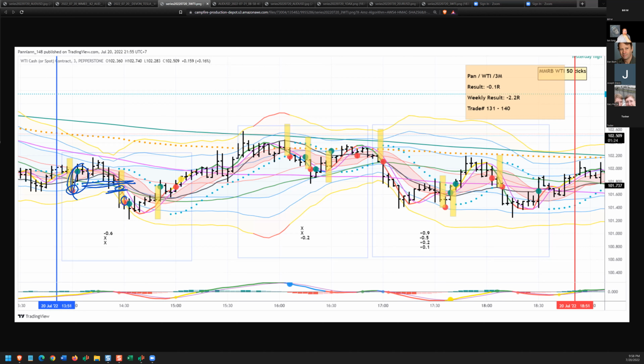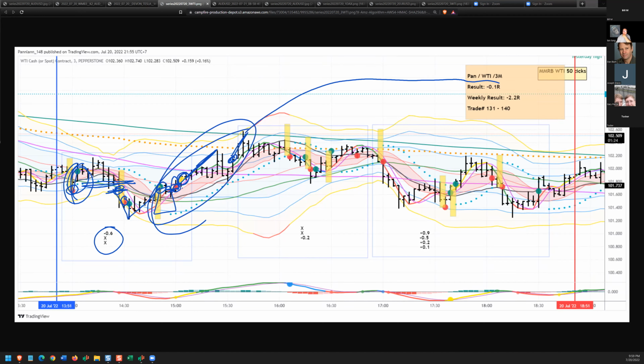So instead of being here, we could be here. Then that becomes not a scratch, but it takes care of that first one. This is a good PSAR flip. I'm not sure why we're getting out here unless this had rolled over. But then, yeah, that's the one you got to get back in. Now you'll get paid, and a re-entry here will get paid. So that is going to take care of this.